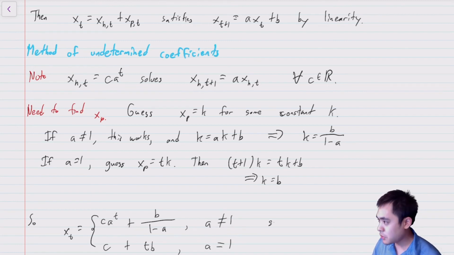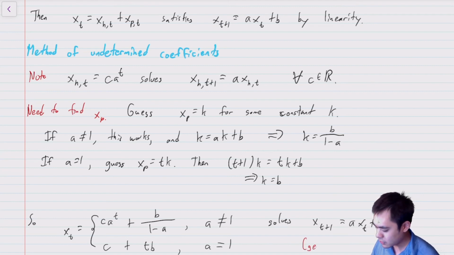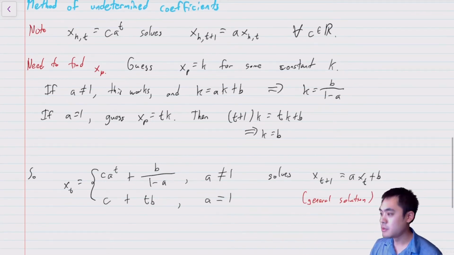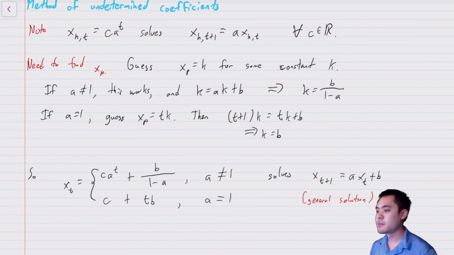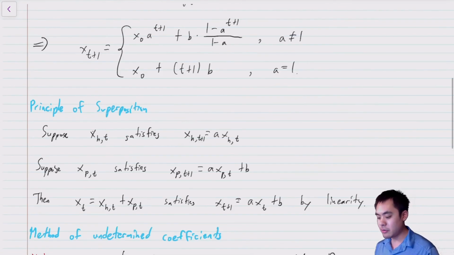So this solves x sub t plus 1 equals a x sub t plus b. And this here is a general solution, because we have an arbitrary constant c that is still in there. So now, if we were to set the initial condition to be x naught, we actually recapitulate the original result we found by direct substitution further up here.